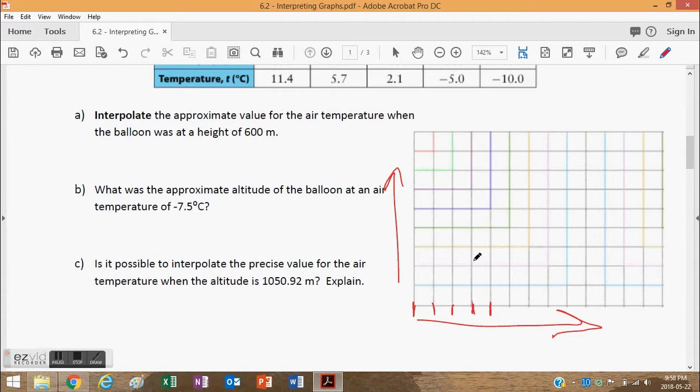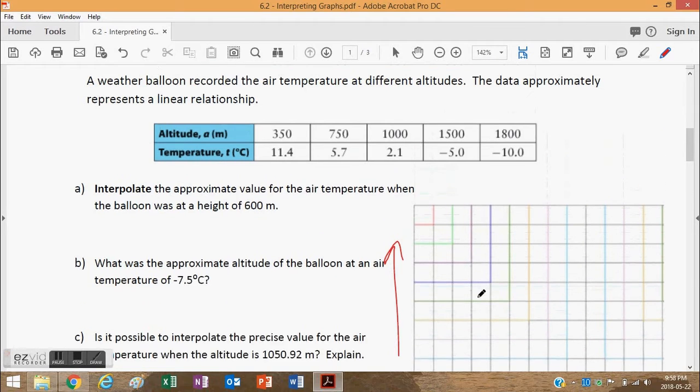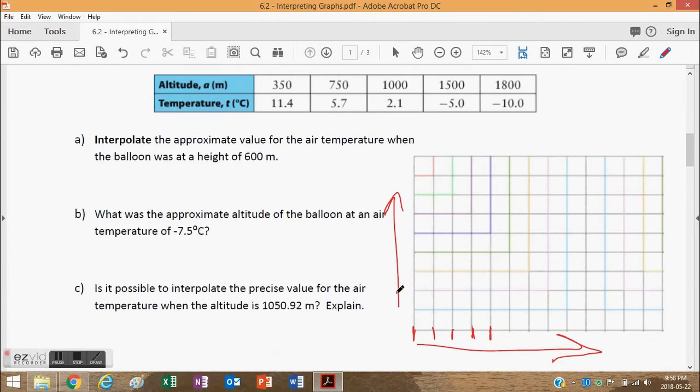Remember, of course, that if we say that this first spot here is -10, we can't just say, oh, well, this one's 5. That so far seems like it would be good. But then we go, oh, and this one's 2, and this one's 5.7, and this is 11.4. Although that might look nice when we're putting it on the graph, it's not actually graphing our data accurately.